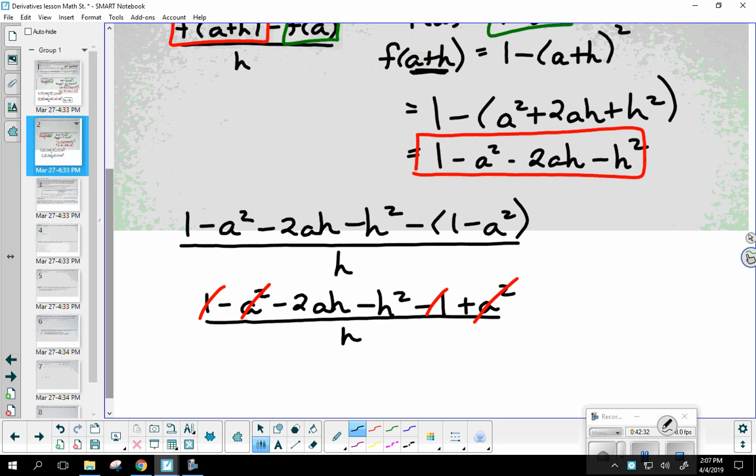And there you go. We can get the h out. Sorry. So what would my answer be? Okay, negative 2a minus h. Yeah, this one would still be negative. But ultimately, what's going to happen when we find the derivative, it's going to disappear anyway.